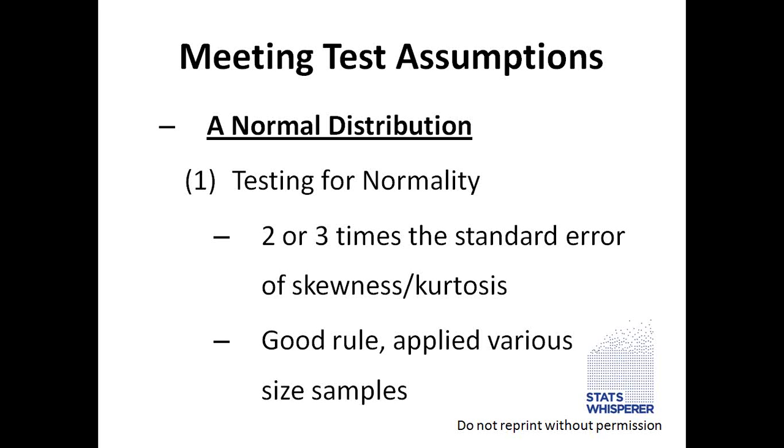And it's a good rule, and it's applied to various samples, meaning that you could use it for large samples, and you could use it for smaller samples. A lot of the tests for poor skewness and kurtosis refer to large samples. So this is a good one you can use for large and small samples.